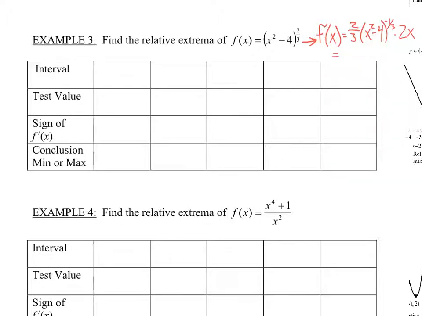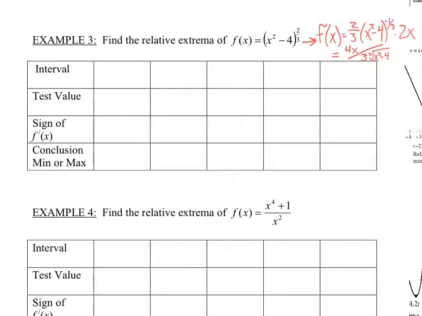We have 4x over 3 times the cube root of x squared minus 4. Where did the 4 come from? Because of the 2 from the 2/3 and the 2x from here. Those are the only things in the numerator. The 3 and the x squared minus 4 to the 1/3 go to the denominator.